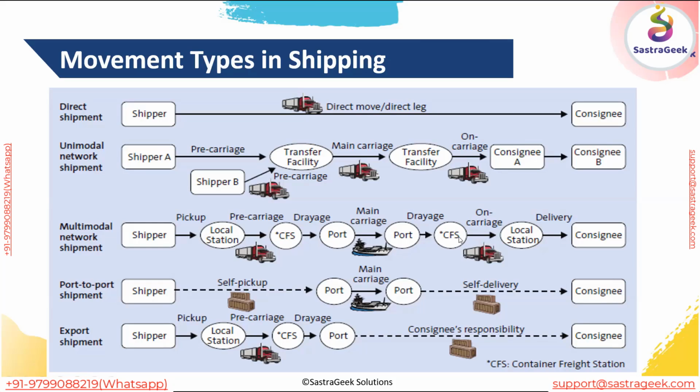Or in case of FCLs, it can go directly from the CFS to a consignee. When it is going from a CFS to a local station, it is called on carriage, and when it is going from the local station to the final consignee, it is called delivery.